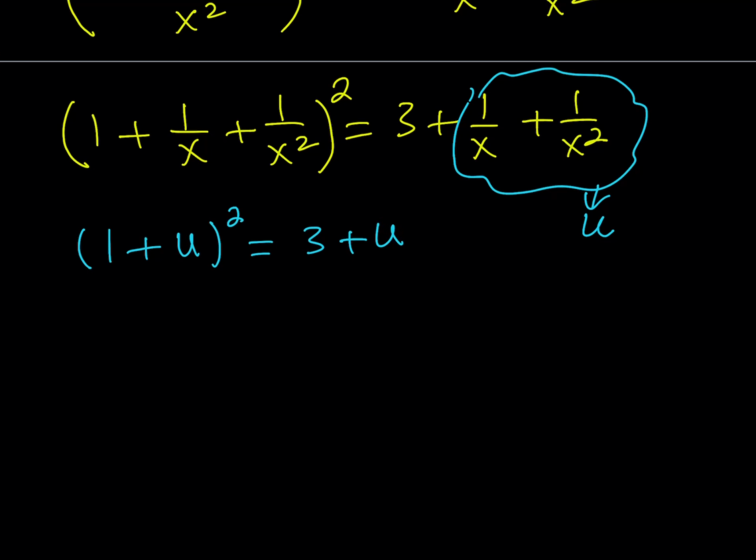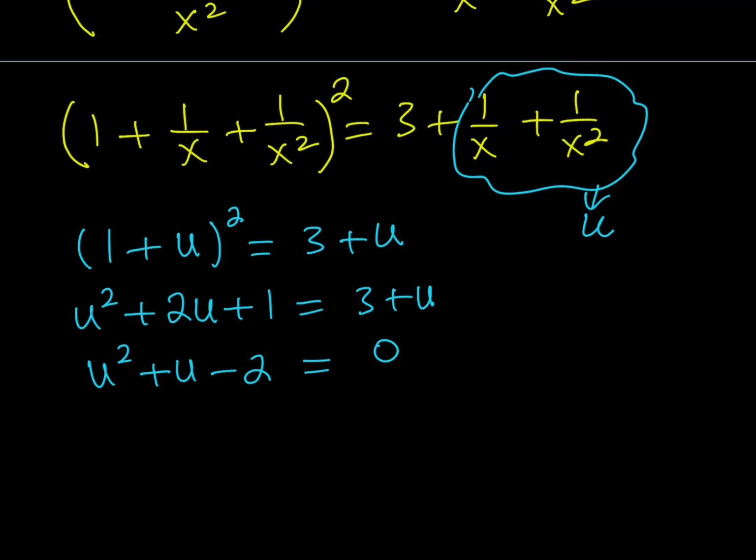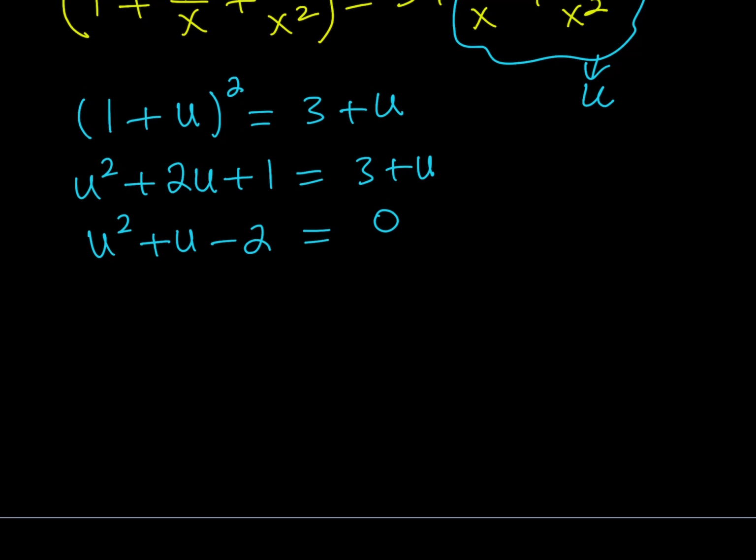Great. Let's go ahead and expand the left-hand side. You get u squared plus 2u plus 1 equals 3 plus u. Let's put everything on the same side. We get u squared plus u minus 2 equals 0. And this is factorable, obviously. We're basically factoring this trinomial, means looking for two numbers whose product is -2 and whose sum is +1.